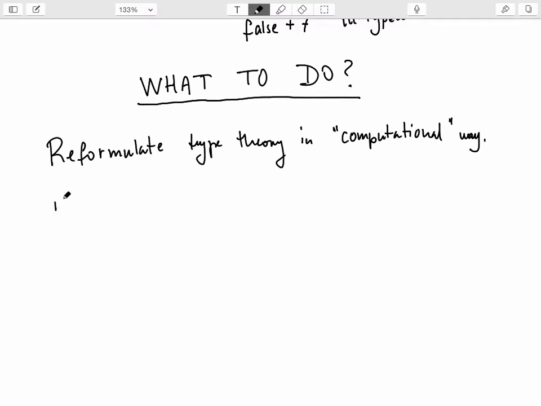First, what happens in general is instead of having just, well, actually we have just 2 forms of judgment: a term has a type, and 2 terms are equal. Instead of that, we're going to have a lot more kinds of judgments, and there will be specialized judgments. Sometimes you will think of a judgment as a function which has some inputs and some outputs.